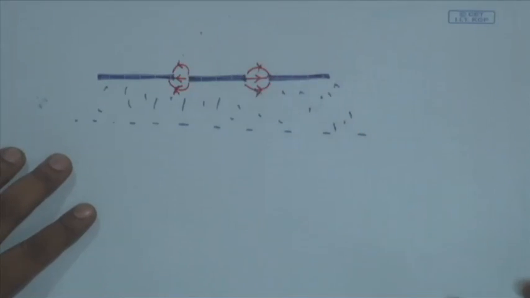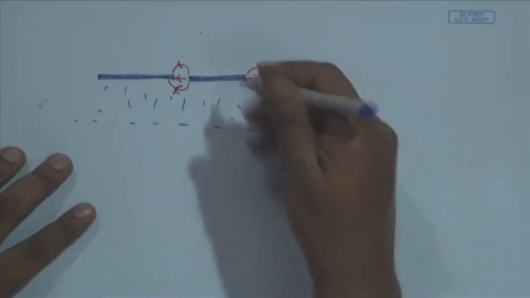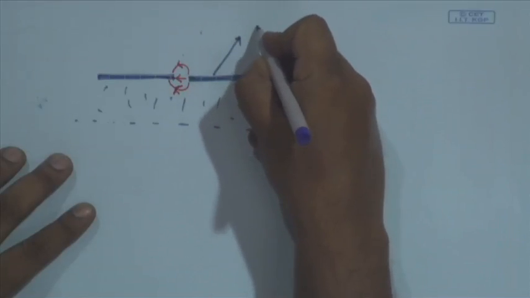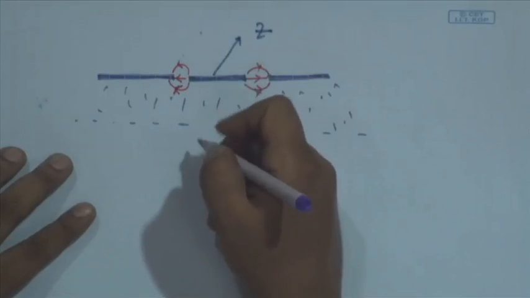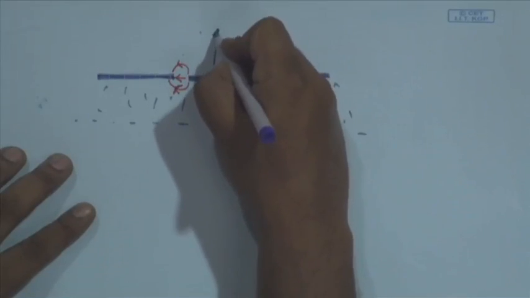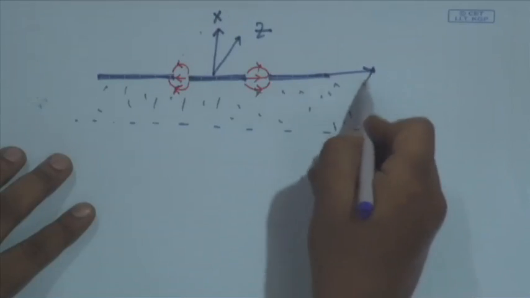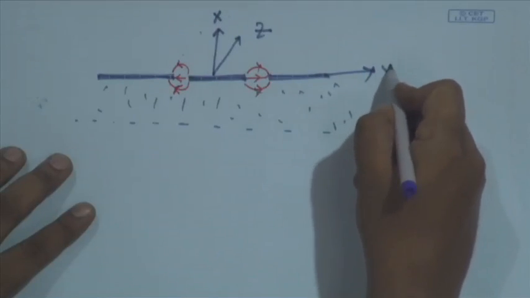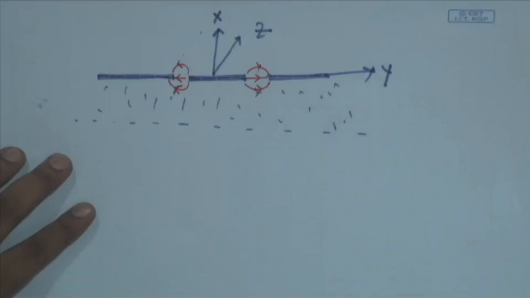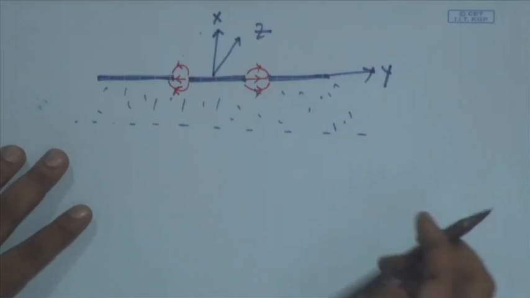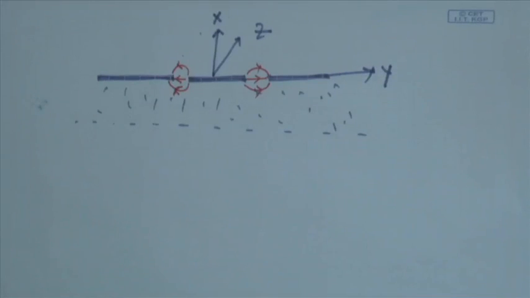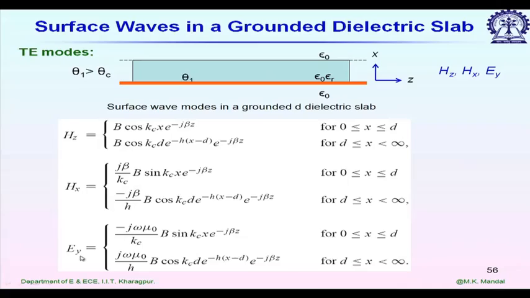Now, what is the wave propagation direction we considered? The wave propagation direction is Z, the perpendicular direction we considered is x, and this side is the y component. And if I go back to the solution, you see we have Ey components.